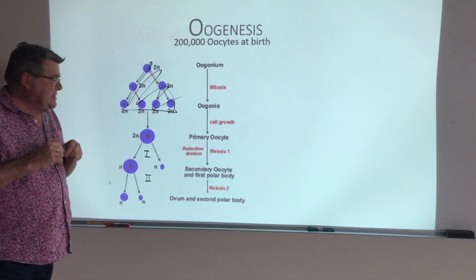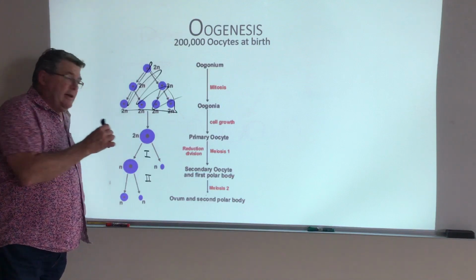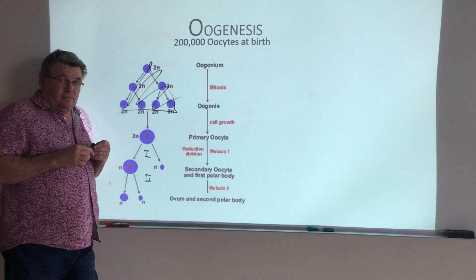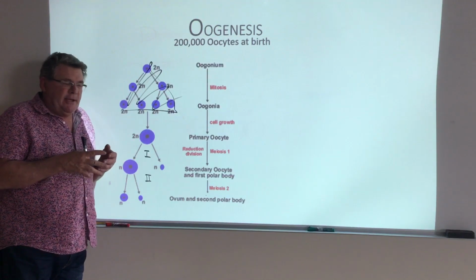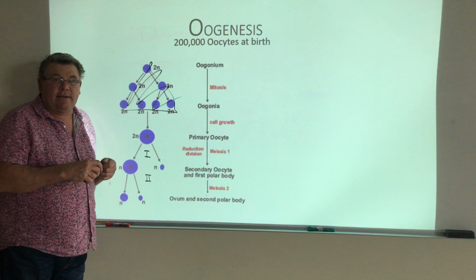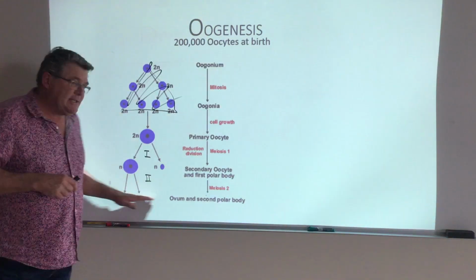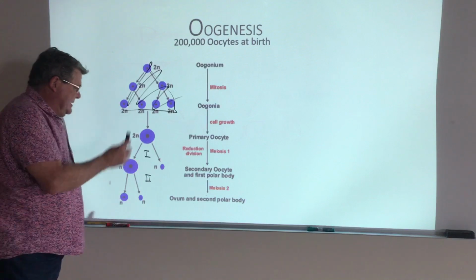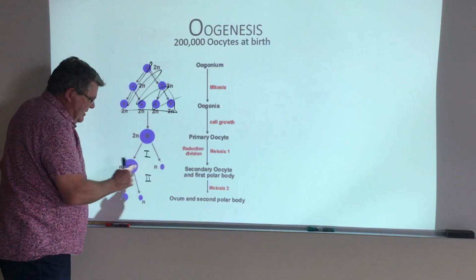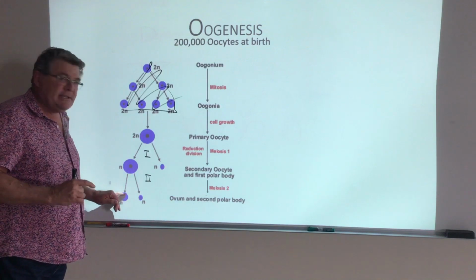There are a couple of things that are very different than males. Remember, with males, we end up with 4 essentially identical, as far as anatomically or morphologically identical, gametes down at the bottom. Something weird has happened here. There are different sizes, and we see different sizes down here again.